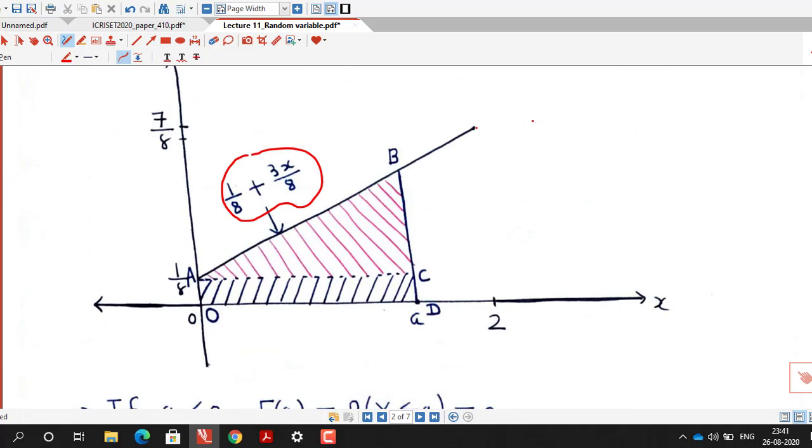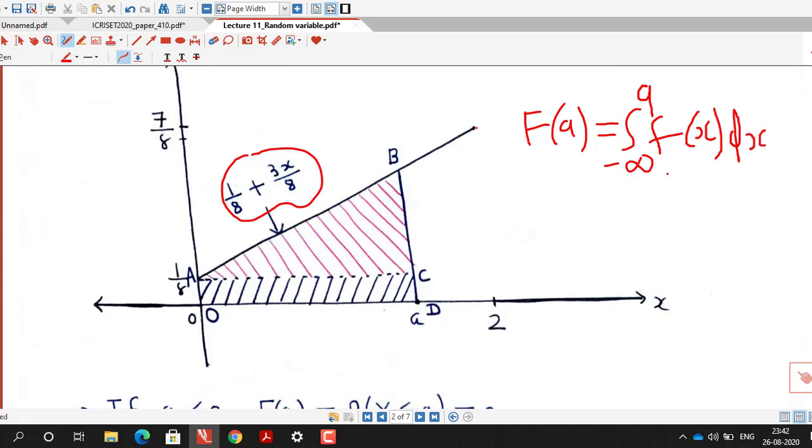We know that F of a is nothing but the area under the density curve. F of a is given by the integral from minus infinity to a of fx dx, and this integral represents the area under the curve of the PDF up to x equal to a.